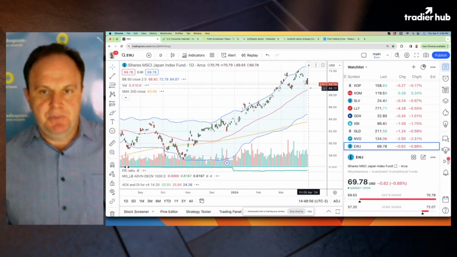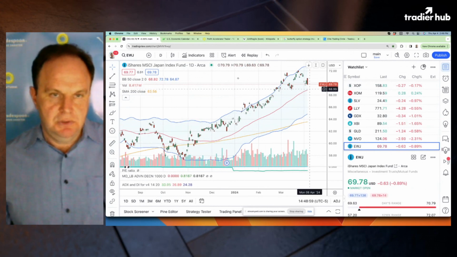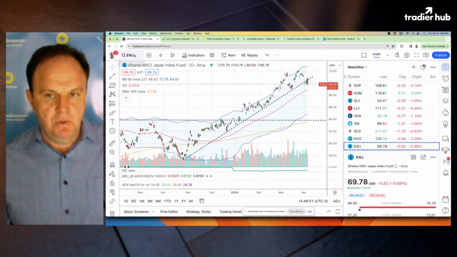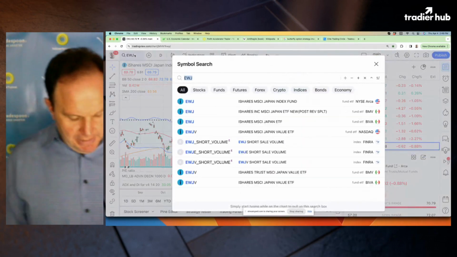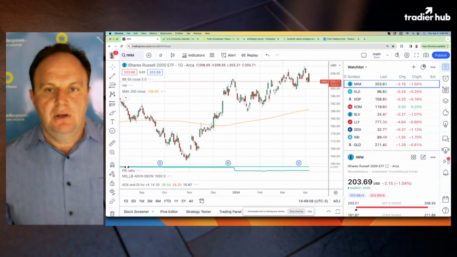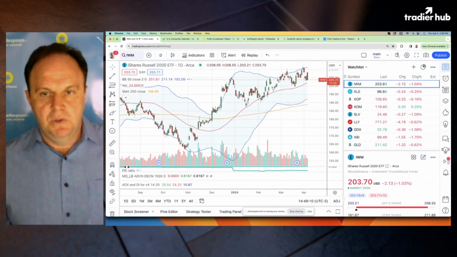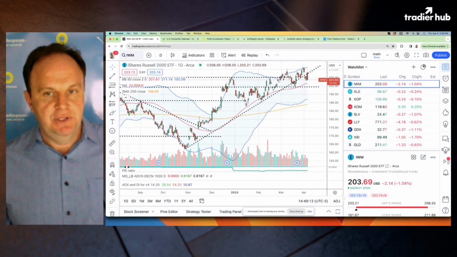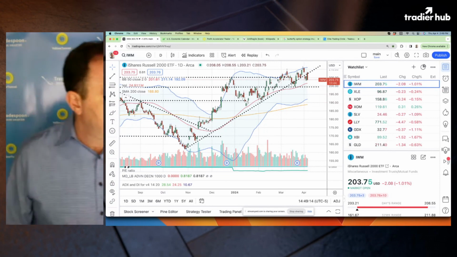So same thing, it's approaching the 50-day moving average, right? So it's approaching strong support. For now, no changes. IWM. Retesting recent lows. Not that far from the 50-day moving average. So that's also interesting.